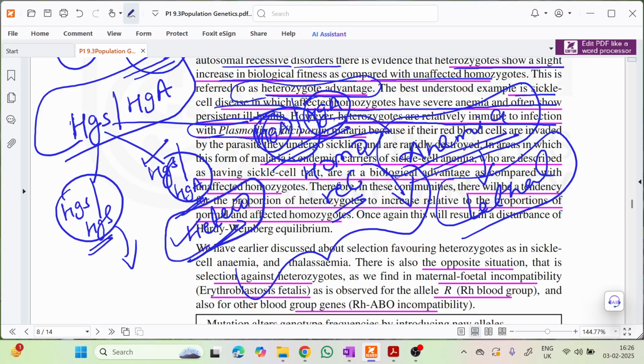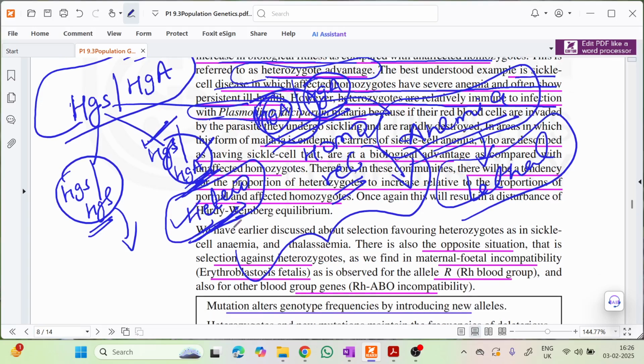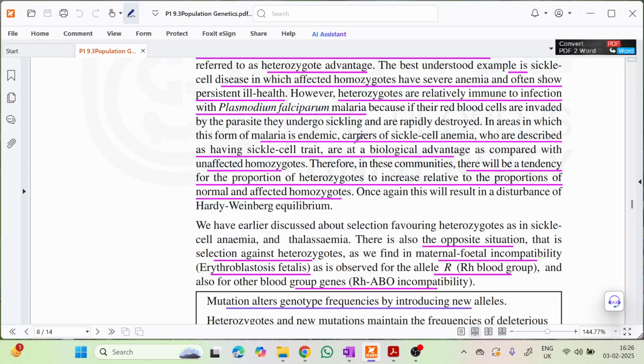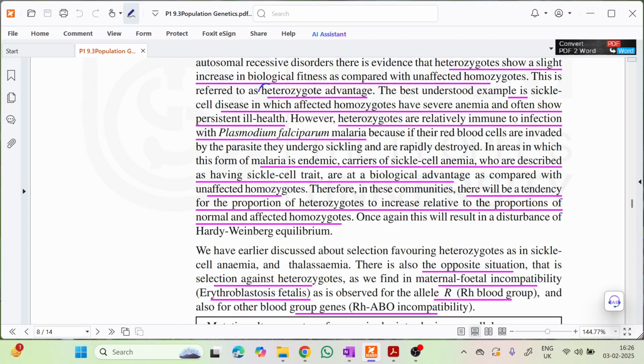But the heterozygous, in which there is a presence of one dominant spherical shape along with the recessive sickle shape, in such a case the dominant will express itself and the individual will survive without much hiccups. So this is a classic case of heterozygote advantage.